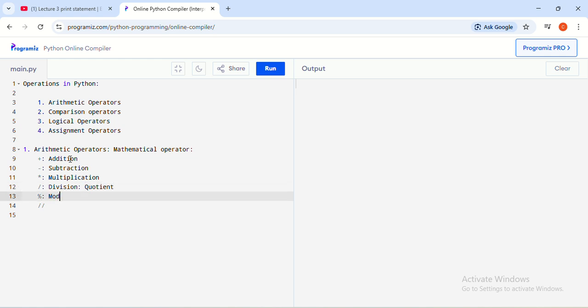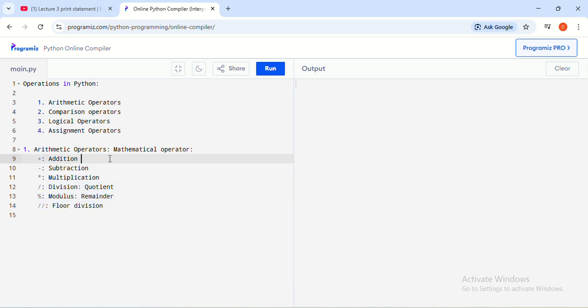Then this is called modulus. Modulus gives you the remainder after division. And then this is the floor division. Normally we don't discuss this in mathematics, so I will tell you all these operators with the help of an example in details.